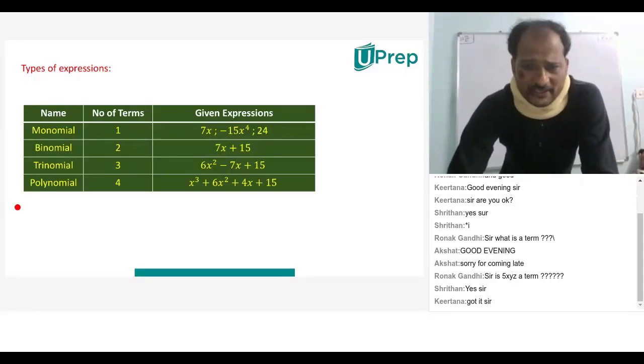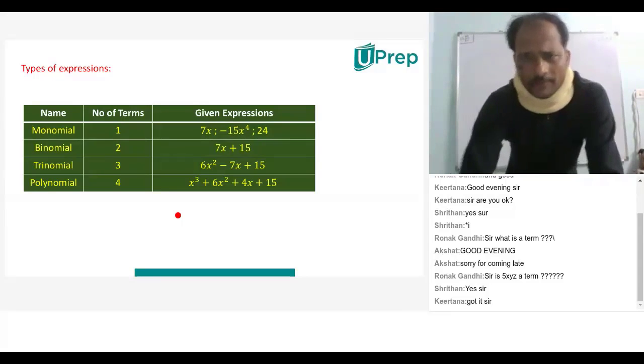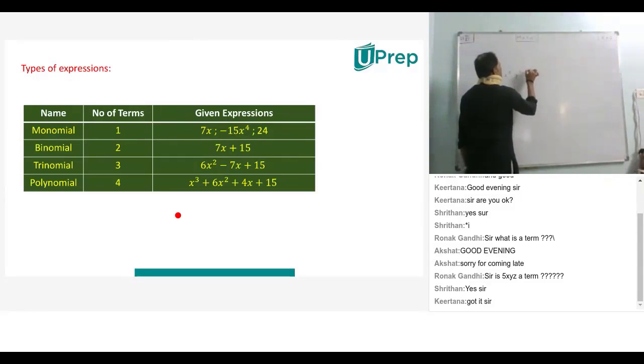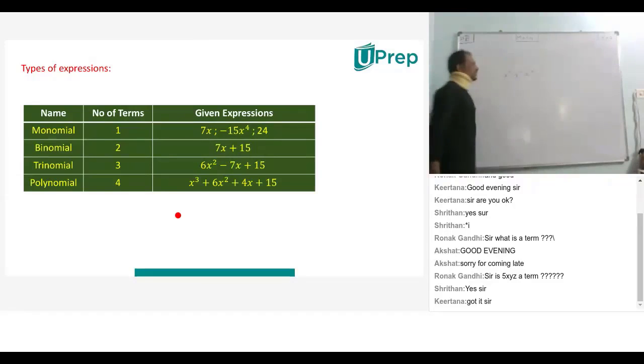Okay. Next, let us know what is the degree of a monomial. For example, x power 8, y square, z power 12. Is it a monomial? Yes, it is a monomial. Now, what will be the degree of the monomial?